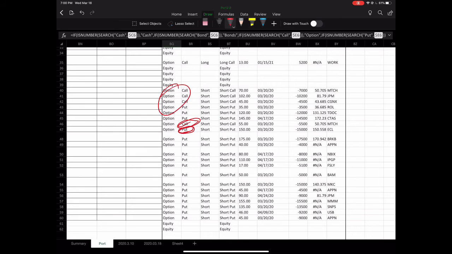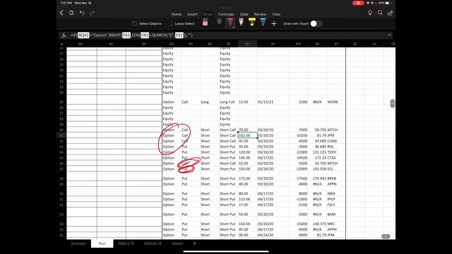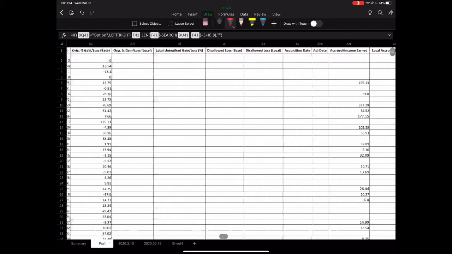Then if it's a short call or a short put, the short or the long position would be labeled in the next column. And then I've got a concatenation in column BT. Column BU, I've got a function in there using length and search, and BV as well, a similar function, but those are to pull out the strike price and the execution day.